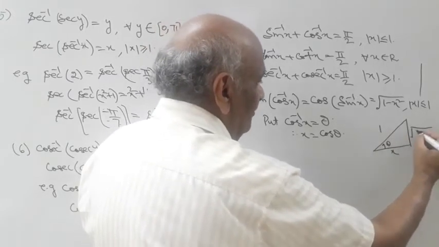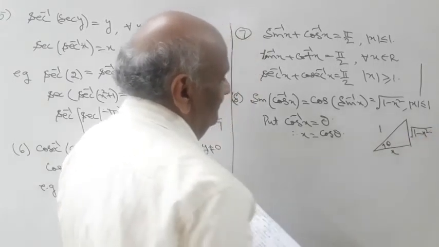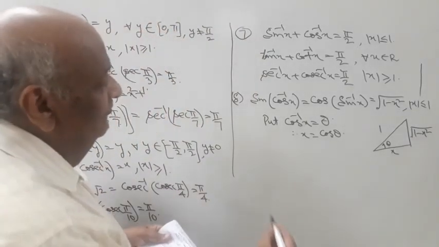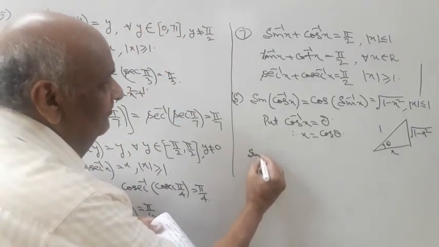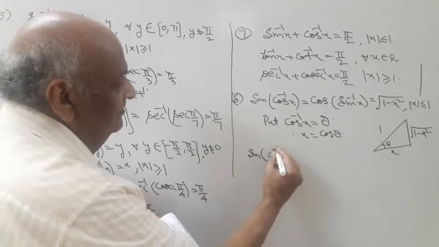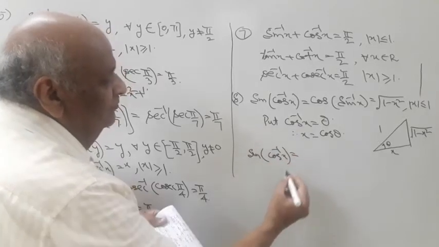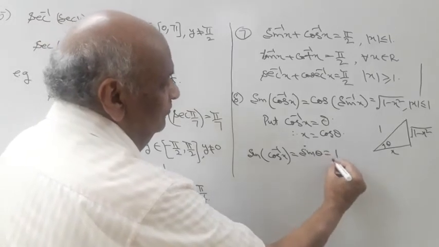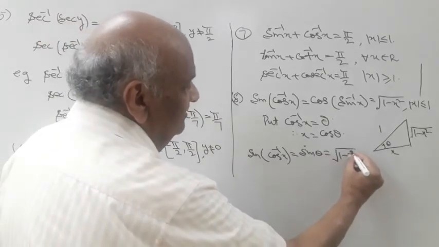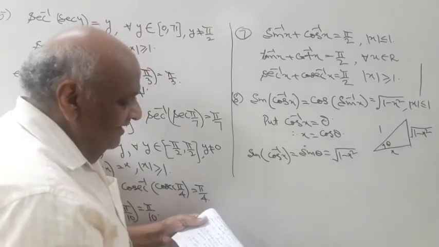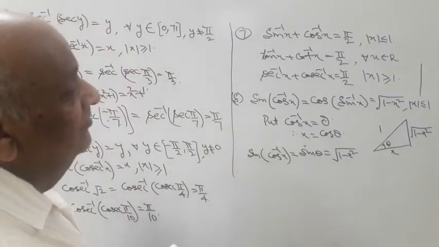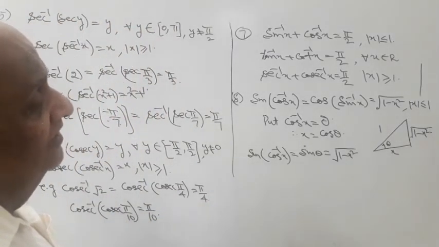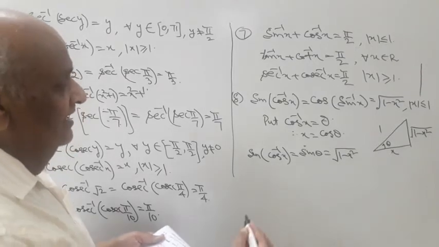It is under root of 1 minus x square. Check up please. Therefore sine of cos inverse x is equal to sine of theta is equal to under root of 1 minus x square. Similarly, we can show that cos of sine inverse x is under root of 1 minus x square.